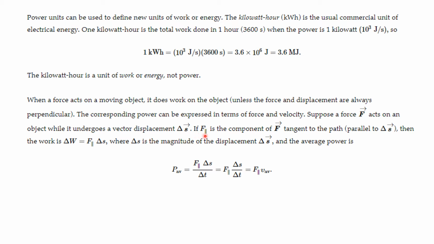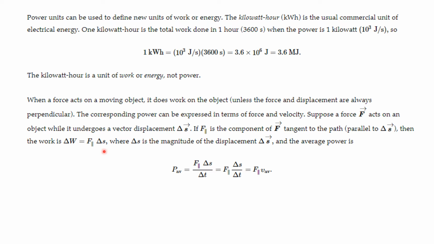Now, if F parallel, that's what that little double bar means, is the component of F tangent to the path, that means parallel to the direction of S, then the work, delta W, is F parallel times delta S.